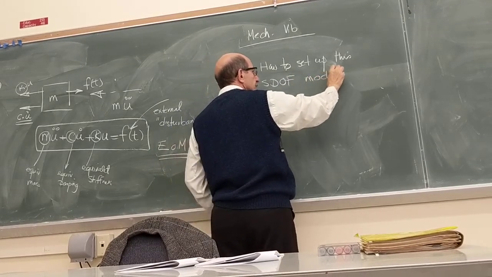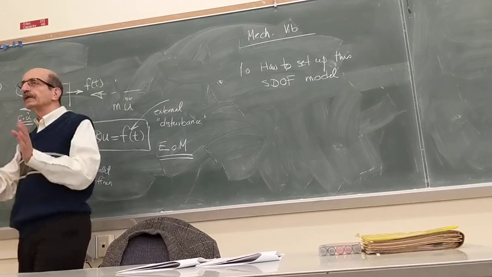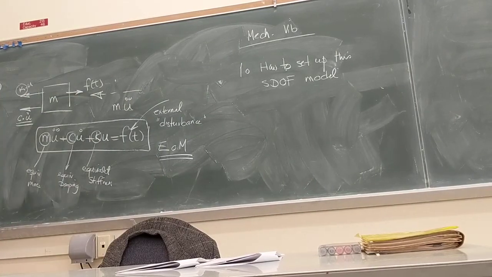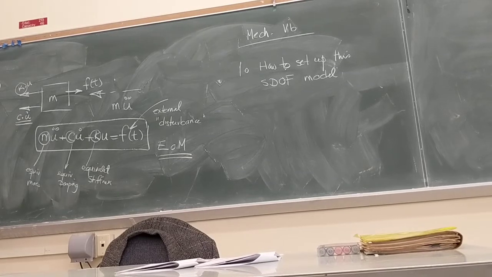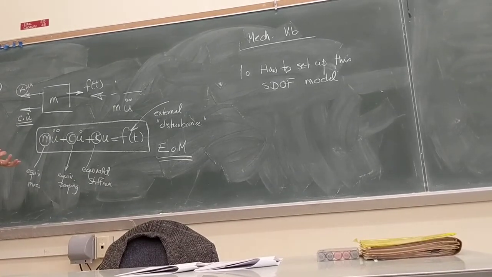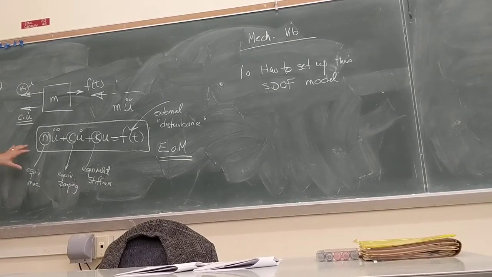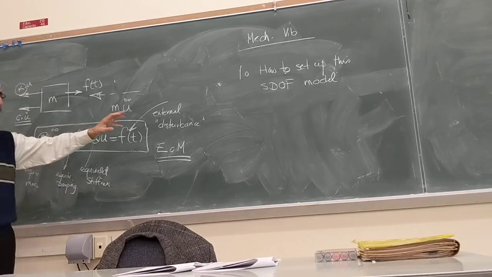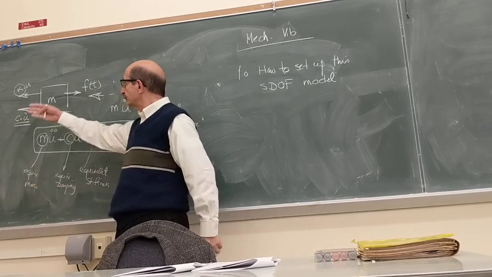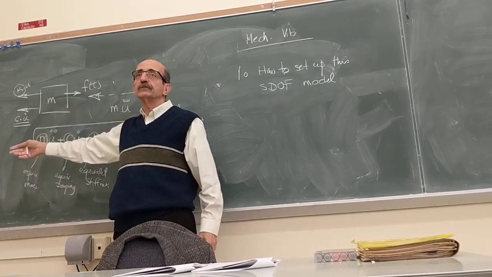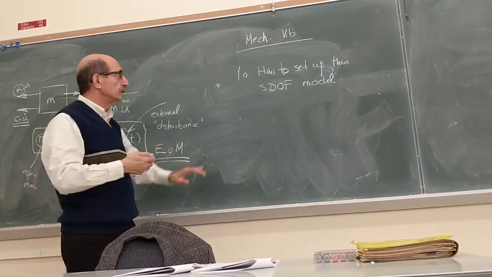In other words, so far, you have only accepted from me that any system in the world can be thought of as having just a mass, a stiffness, and a damping element. But given a physical system, how do you come up with those quantities or parameters? That requires showing how different physical systems can be modeled as a single degree of freedom system. So we will spend some time doing that.